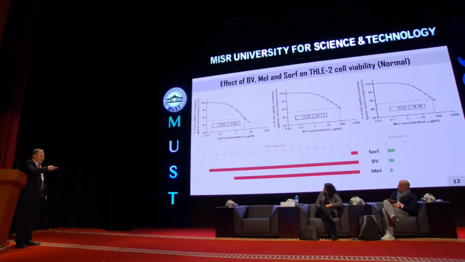Here the effect on the normal cells is 3.95 versus the effect of bee venom, which is 95.73 microgram per milliliter for bee venom, the crude venom, and melittin 78.38, which means that bee venom and melittin are very safe on normal cells in comparison with sorafenib. As you might know, sorafenib has very harsh side effects and affects normal cells as well as the cancer cells.